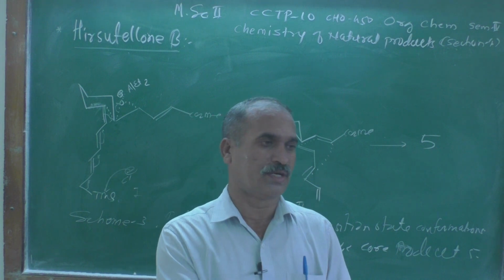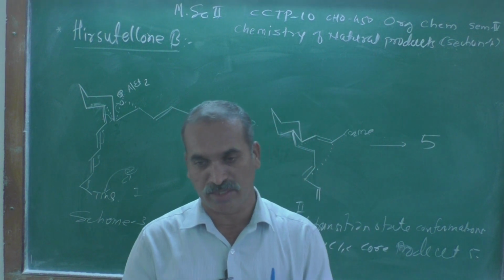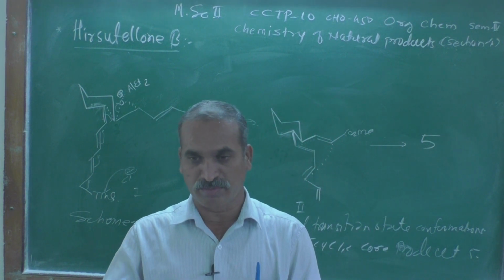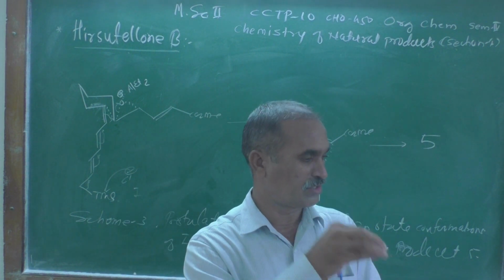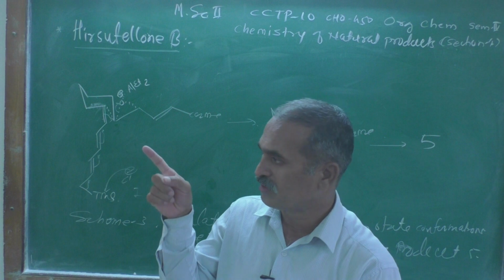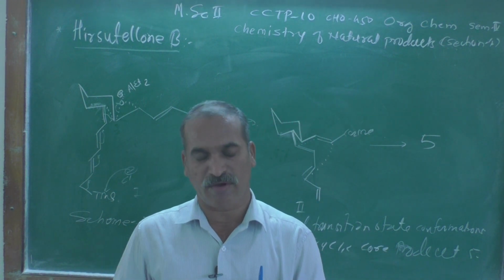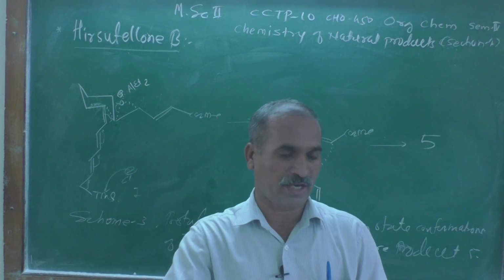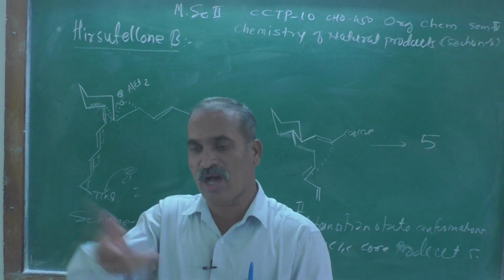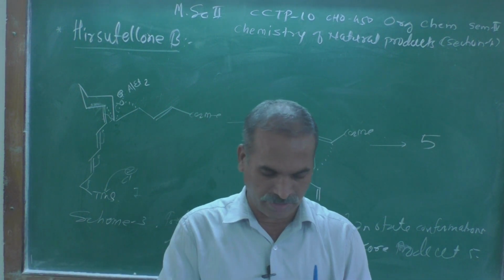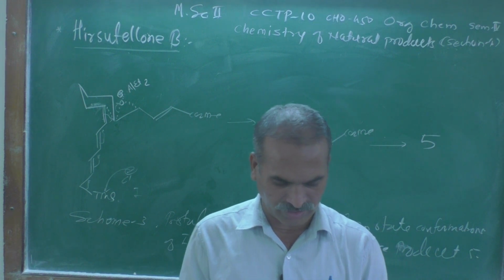In the Diels-Alder reaction, the 4 plus 2 cycloaddition, a 6-membered ring is formed, and that will be the stable one. When the diene is in a cis conformation and the dienophile has an electron withdrawing group, the rate of the Diels-Alder reaction is enhanced tremendously, and that is the condition required here.